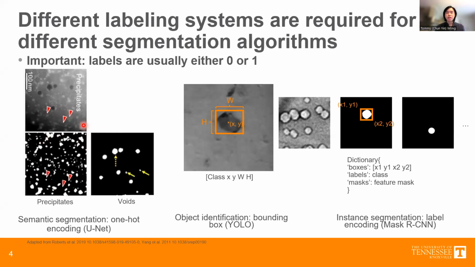And that's particularly useful for one-hot encoding, which is most commonly used for UNet architectures, which we'll go over real soon. Now, for other identifying systems, you will probably use some kind of a bounding box.